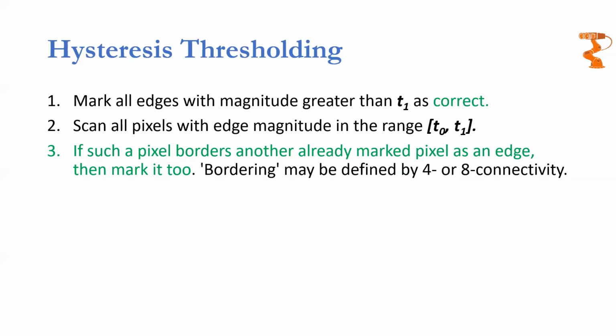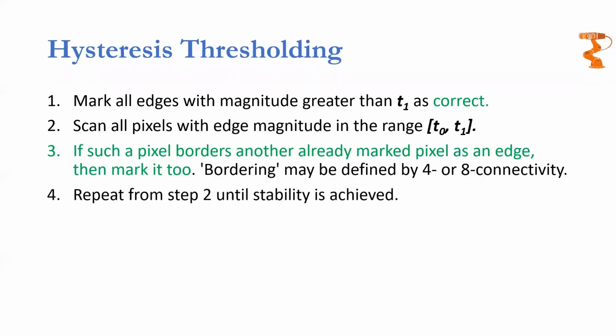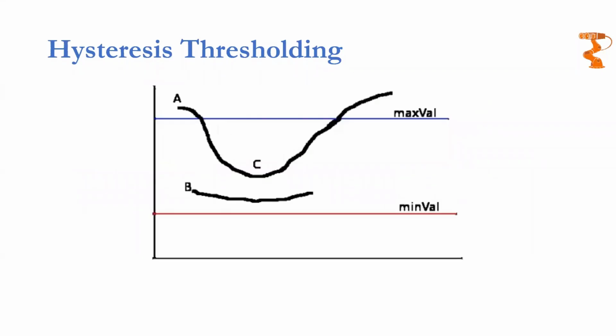But if there is no edge pixel already present in the neighborhood of the pixel which we are analyzing, then we won't mark it as an edge pixel. Okay, so I can illustrate this through this diagram. So what is going to happen?